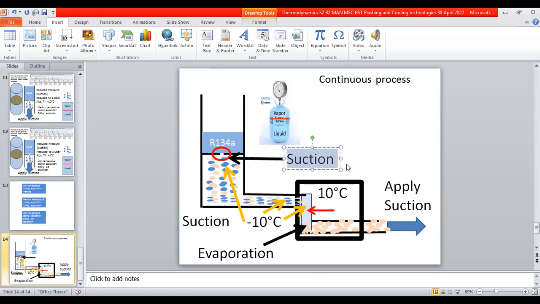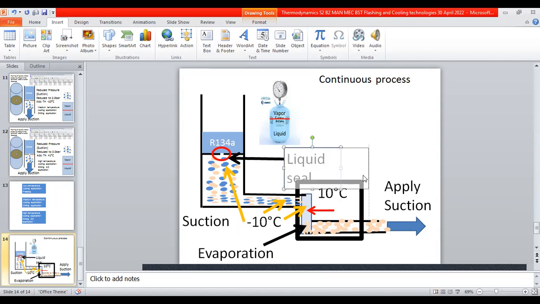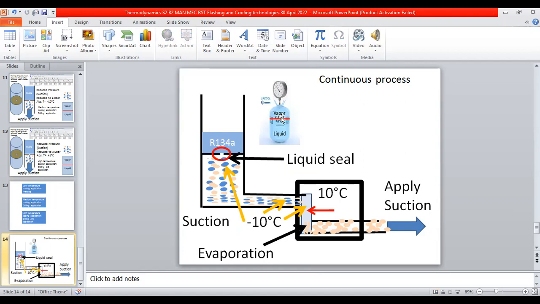You are learning a lot actually. Liquid seal. Having a liquid seal means here can be gas, possible.